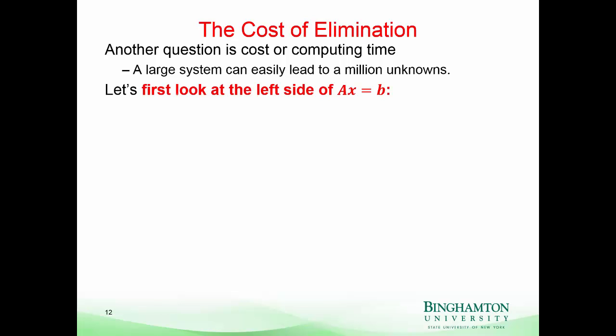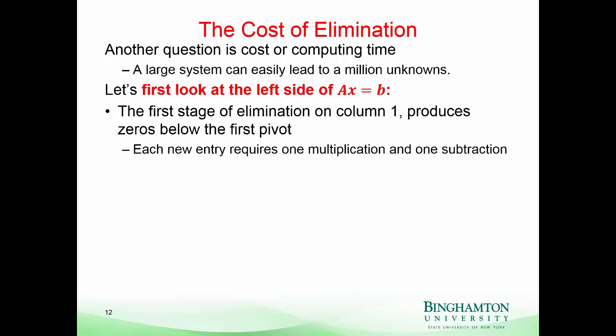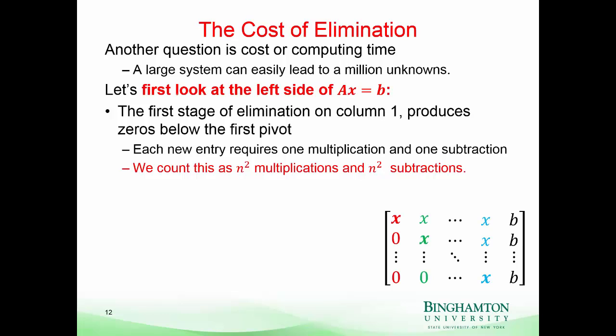So let's first look at doing the left side of AX equals B. The first stage of elimination produces all the zeros below the first pivot. Every one of those zeros requires one multiplication and one subtraction. And we're going to cheat and count that as n squared multiplies and n squared additions or subtractions.